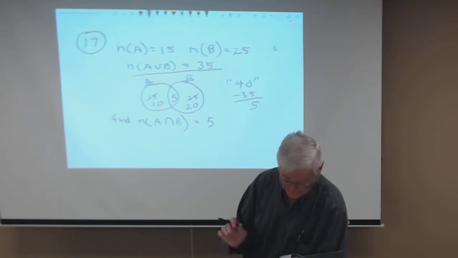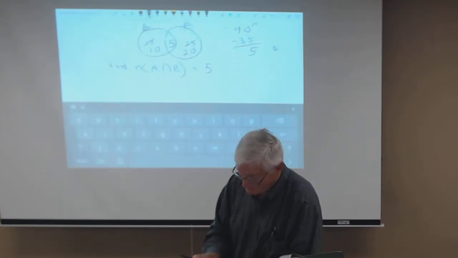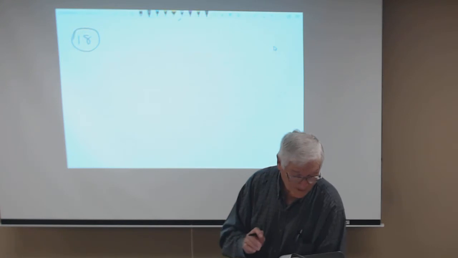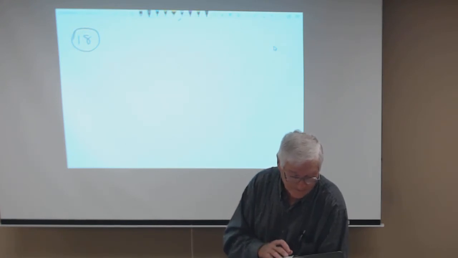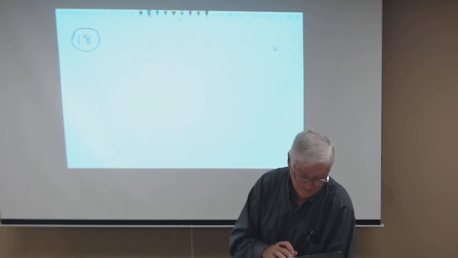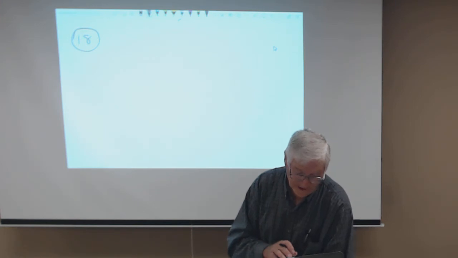Okay, let's look at number 18. In the diagram at the left, the rectangular region represents the universe. The circular regions represent the subsets A and B of the universe. Find an expression for the shaded region in the diagram.